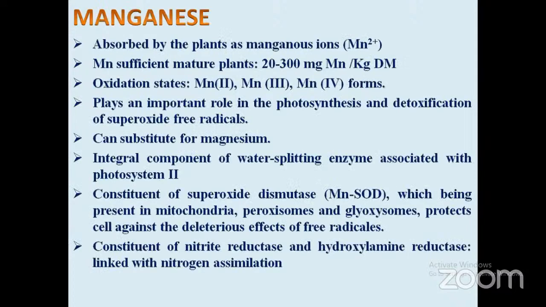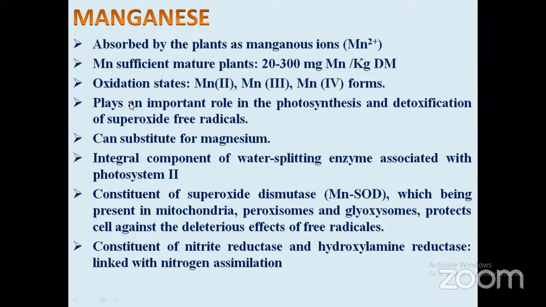Okay. Now moving ahead to another micronutrient cation, that is manganese. It is absorbed by the plant as Mn2+, and a healthy, manganese-sufficient mature plant contains 20 to 300 ppm of manganese. It is a transition metal and is present in the plant in Mn2+ form, but it is easily oxidized to Mn3+ and Mn4+ also.